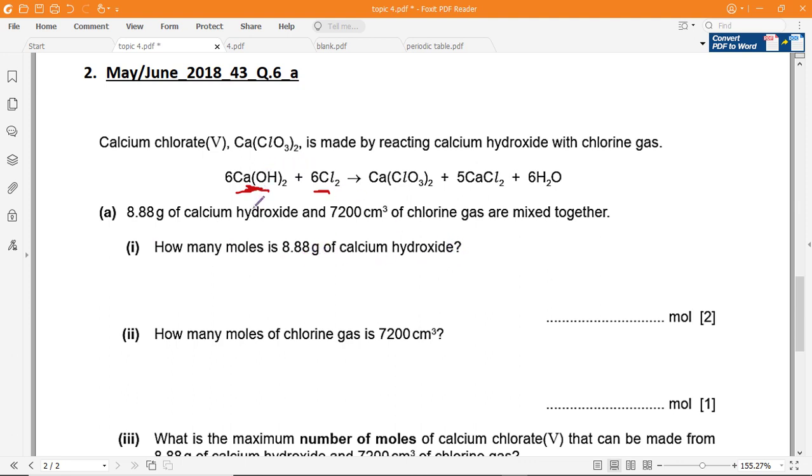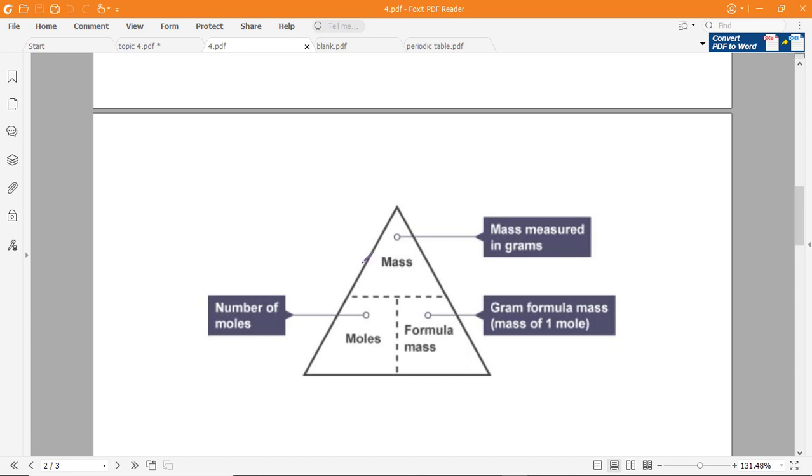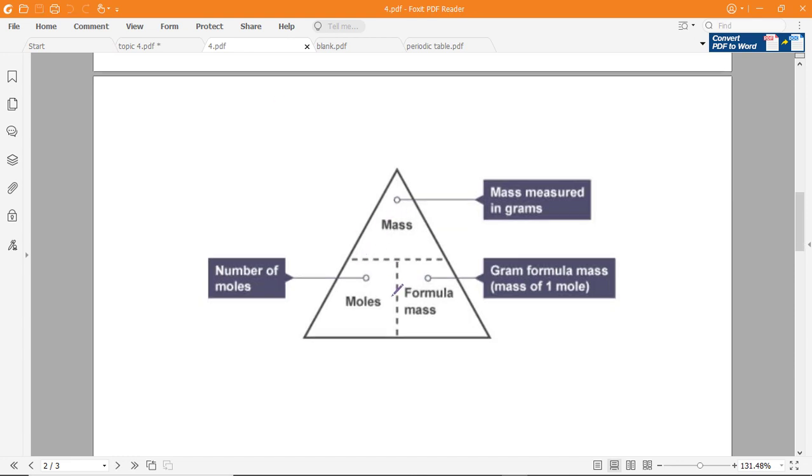So now we focus on calcium hydroxide, which according to the equation has the formula Ca(OH)2. So we need to calculate how many moles. Actually, guys, to calculate how many moles generally, we need to use this relation.